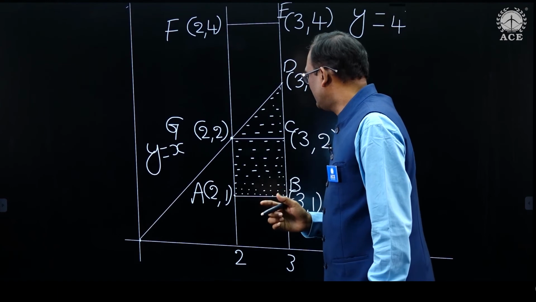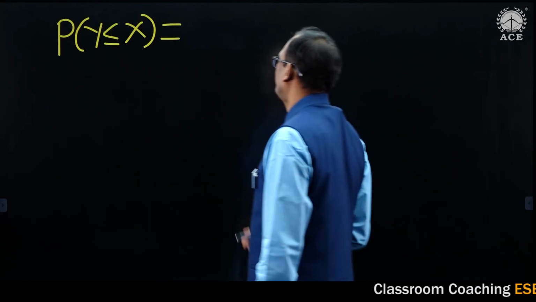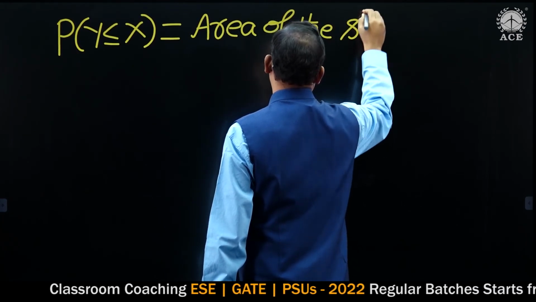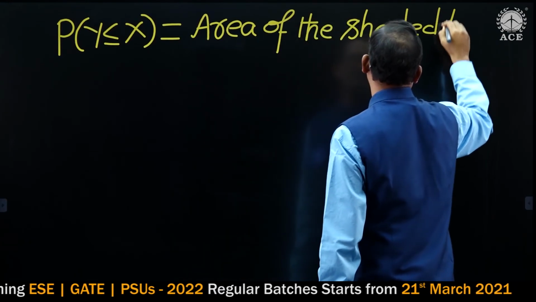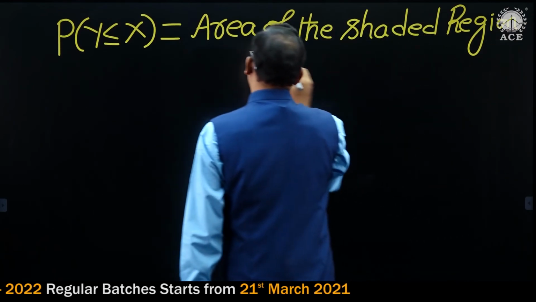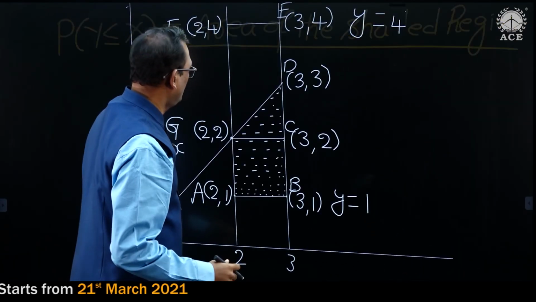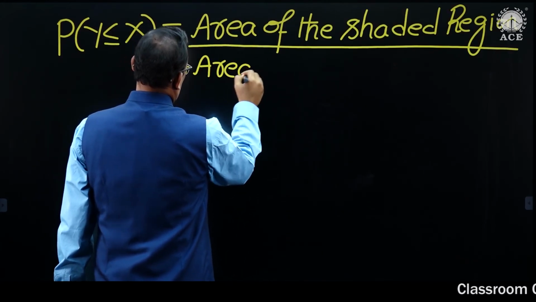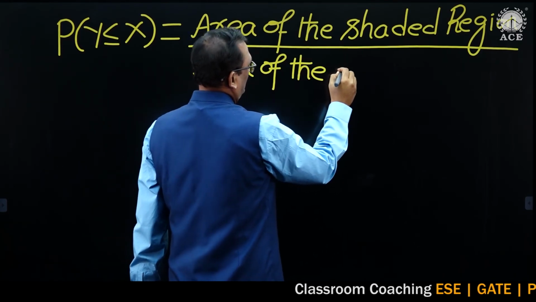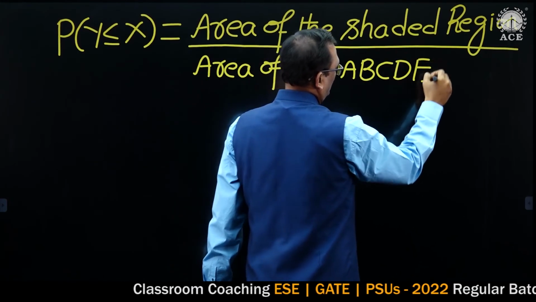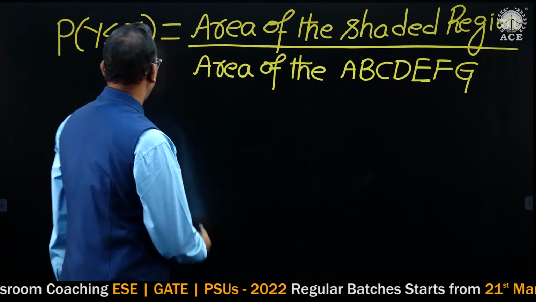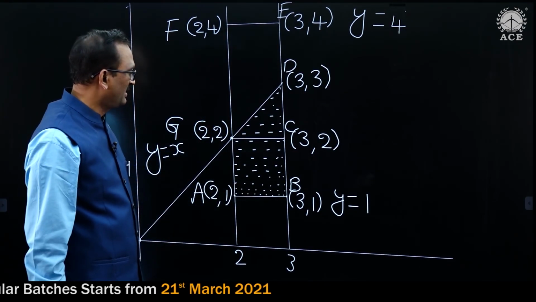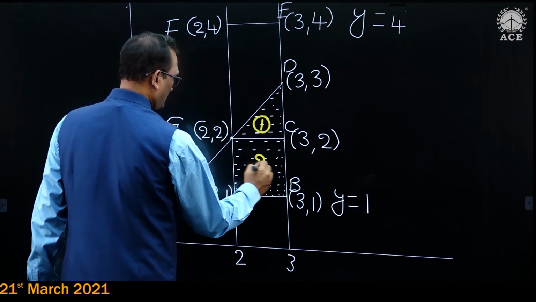Probability of y less than or equal to x is the area of the shaded region divided by the total area, that is the area of this rectangle A, B, C, D, E, F, G. Now look at the shaded area. Shaded area is a triangle and a square.